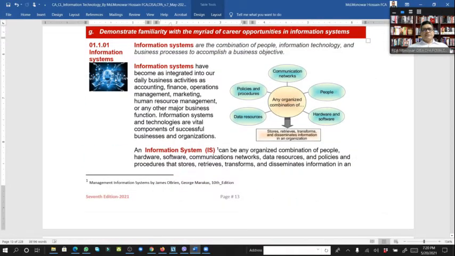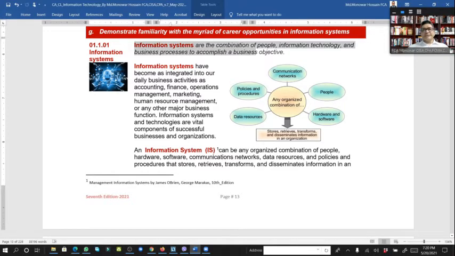If we see the information system, the system is a combination of people, information technology, and business process to accomplish a business objective. So all things should be aligned with the business. So if we can answer, what do we mean by information system?